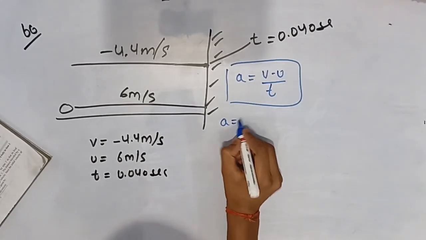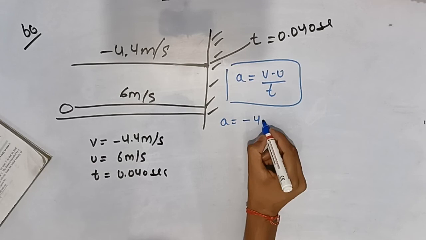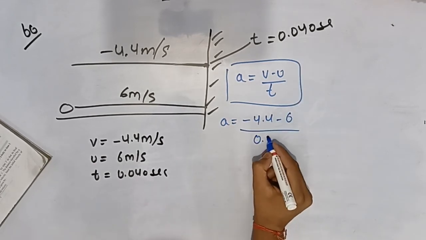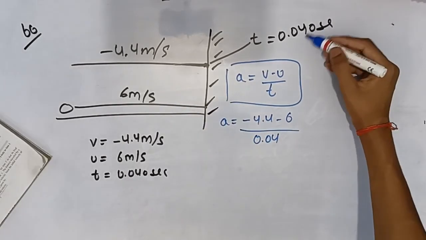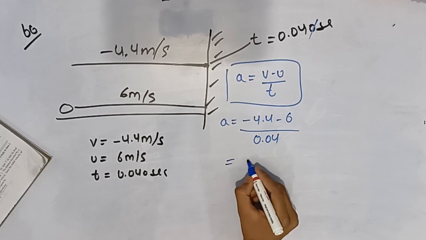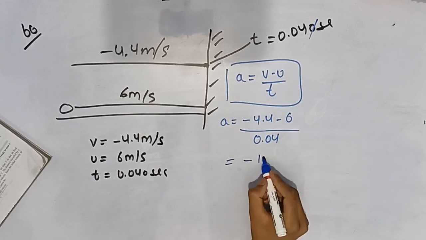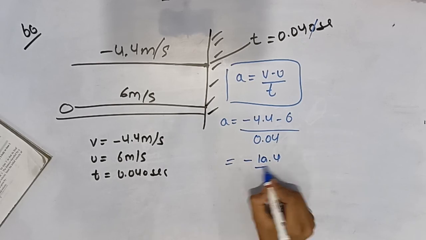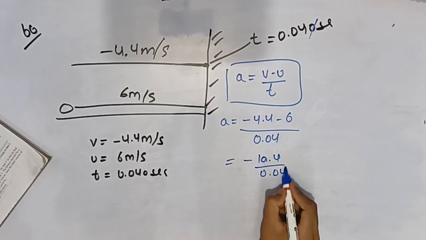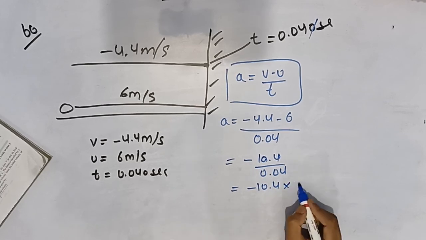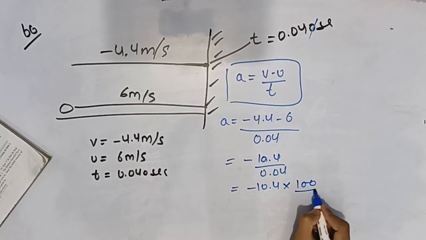So a is equal to minus 4.4 minus 6 upon time 0.04. So we can say that it is minus 10.4 upon 0.04, or we can write it as minus 10.4 into 100 upon 4.